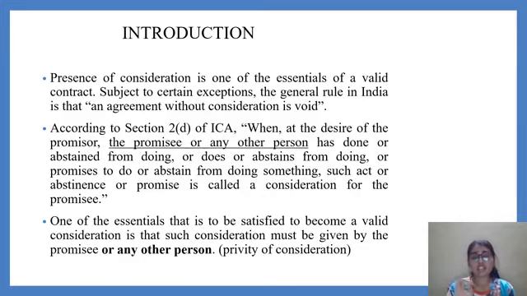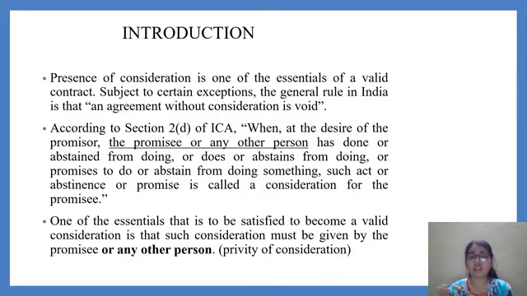The definition is as follows: when at the desire of the promisor, the promisee or any other person has done or abstained from doing, or does or abstains from doing, or promises to do or abstain from doing something, such act or abstinence or promise is called a consideration for the promise.